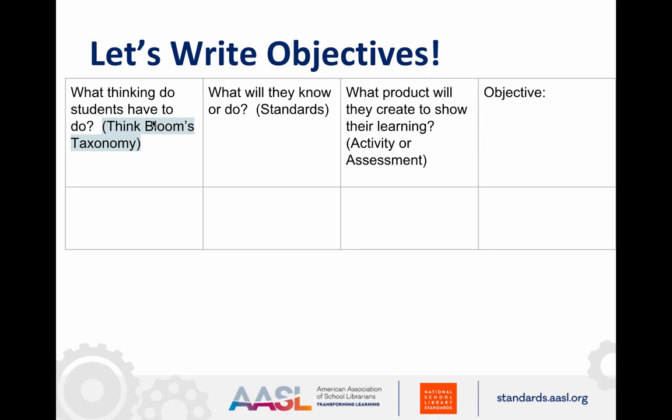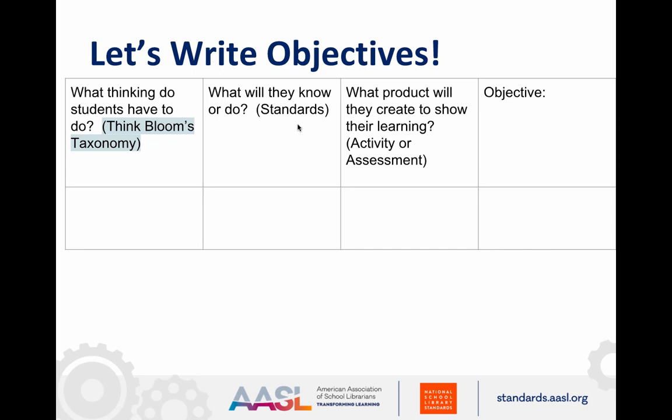The first thing I need to think about is what thinking do the students have to do? Think of Bloom's, okay? Are they going to identify things, define things, generate things, evaluate things? What will they know or do? Whatever it is we're trying to get across to them goes here, and that should come from the standards.